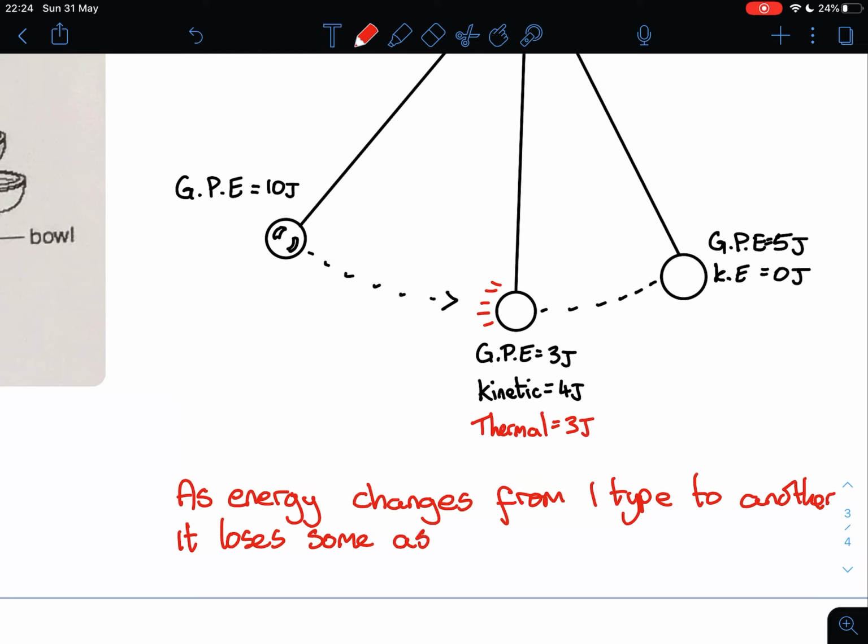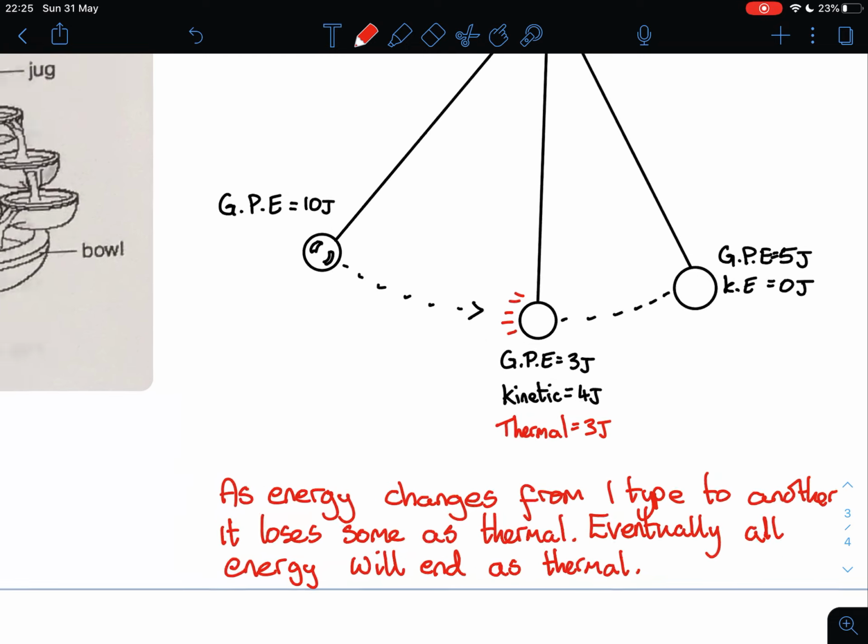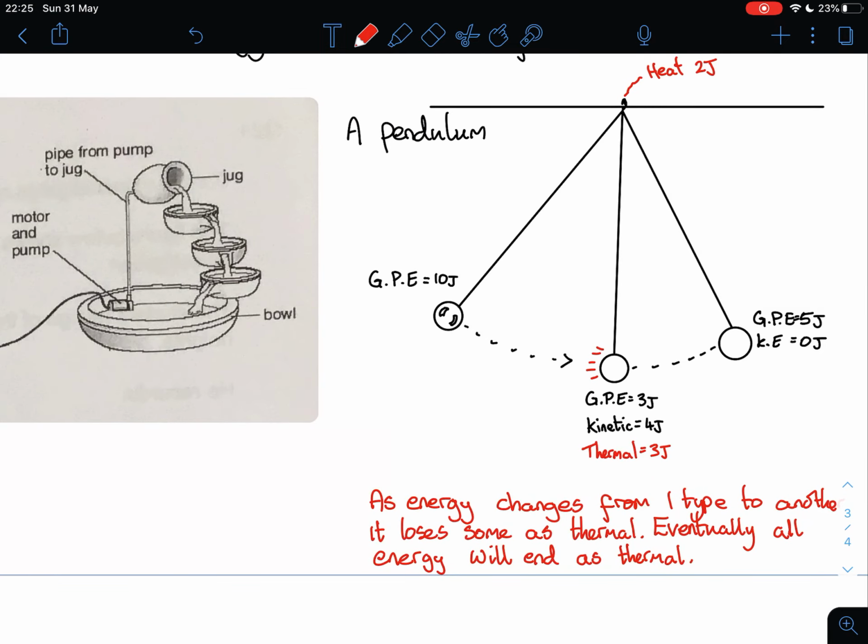Both the same as thermal. Eventually, all energy will end as thermal. This is why things need winding up, why batteries run out. Everything ends as thermal energy.